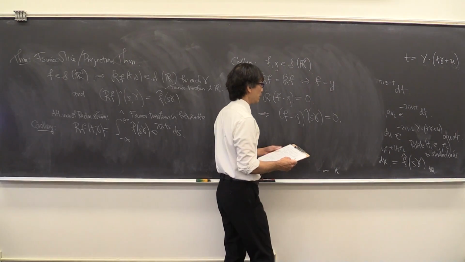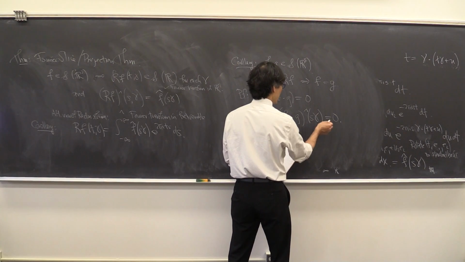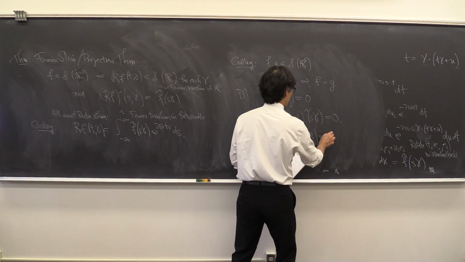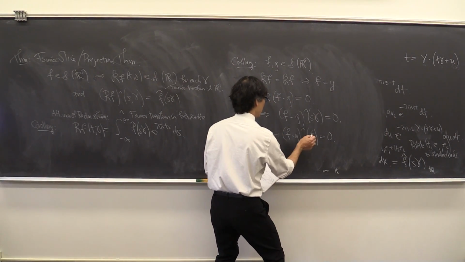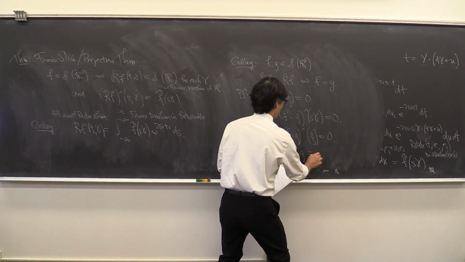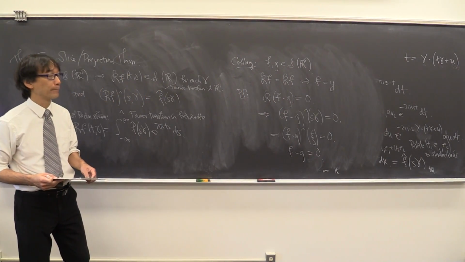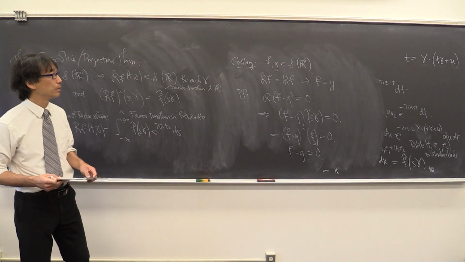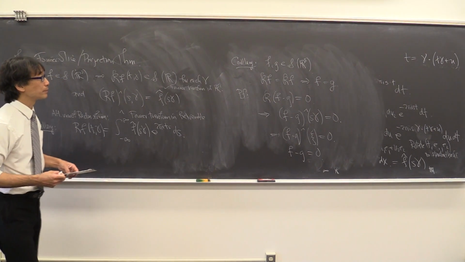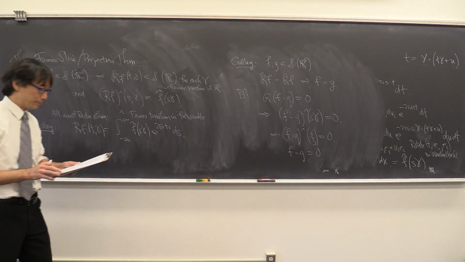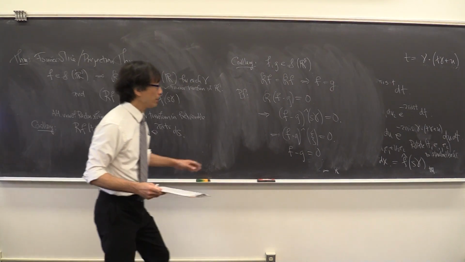But that means that the Fourier transform at every point, at every frequency, is 0, which means that the function, the difference, must be 0. You invert both sides. Okay. So yeah, you have this uniqueness result.